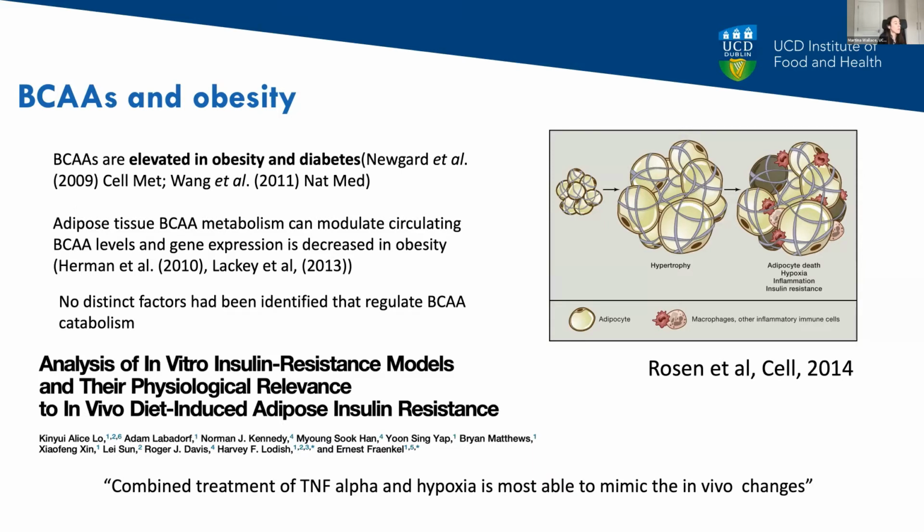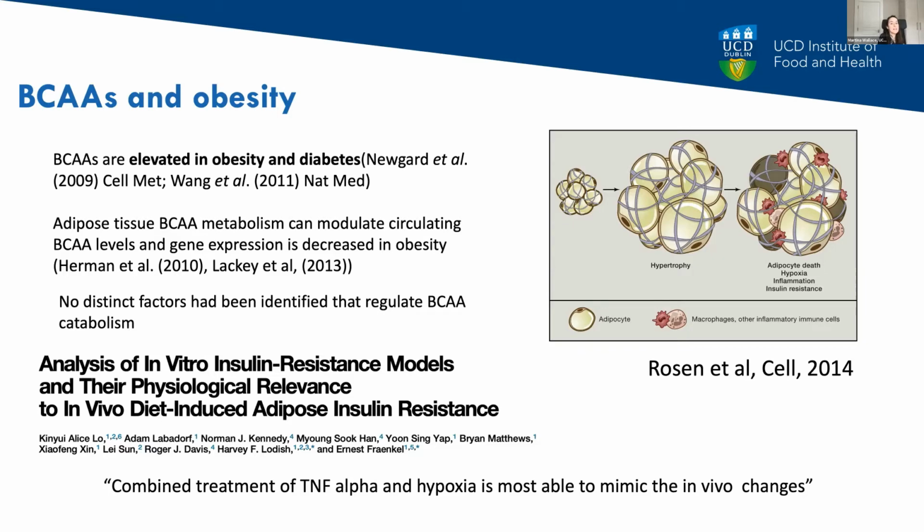And so we came across this paper that showed that combined treatment of adipocytes with the pro-inflammatory cytokine TNF-alpha and hypoxia was the best in vitro condition to mimic what was seen transcriptionally in insulin-resistant adipose tissue in vivo. So this was a really good model for recapitulating some of the in vivo phenotypes.